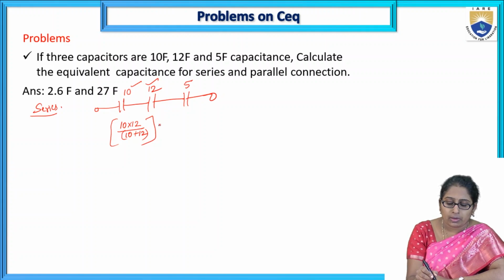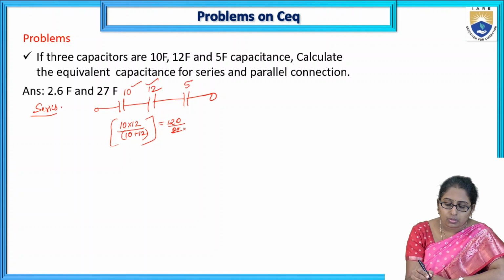What is the equivalent value of this? 10 into 12 means 120 by 22, so the value is 60 by 11, about 5.4 farad.